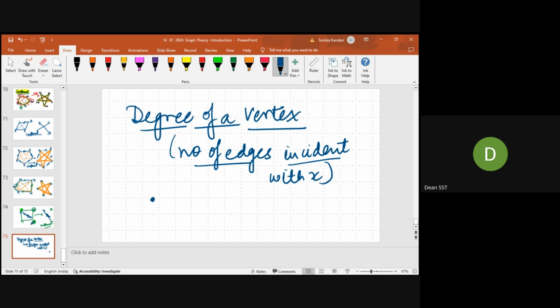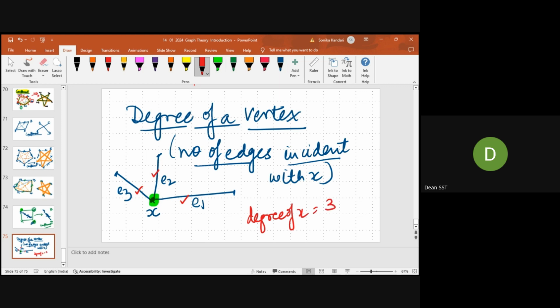Suppose I have x, and these three edges, E1, E2, E3, are incident with x. So what is the degree of x? 1, 2, 3. So the degree of x is equal to 3. Is it clear?